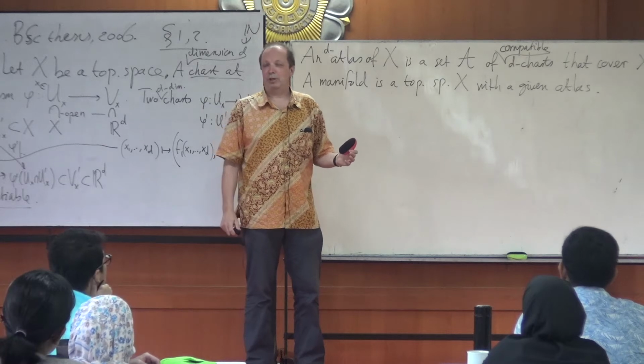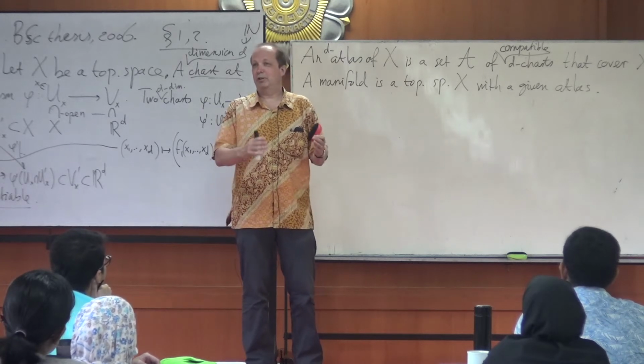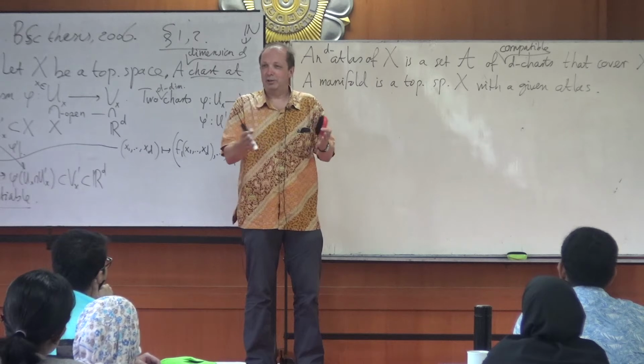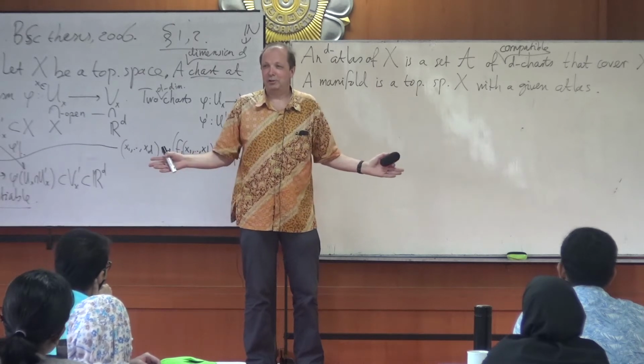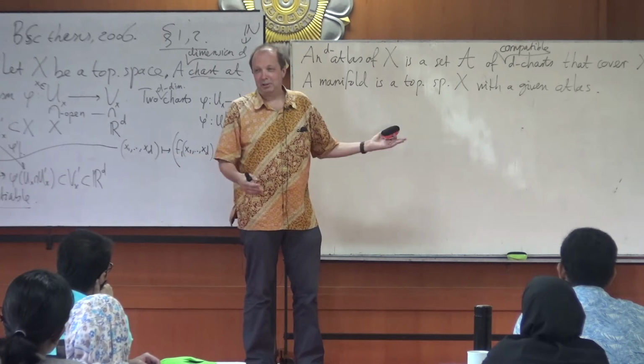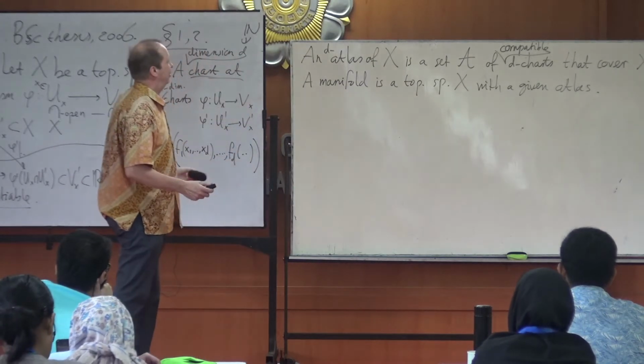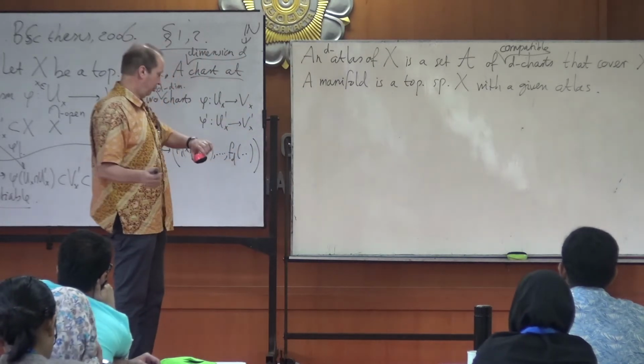And then you get kind of horrible objects because the atlas doesn't have finitely many charts. But still you can do that, and that's what also happens in the lecture notes.